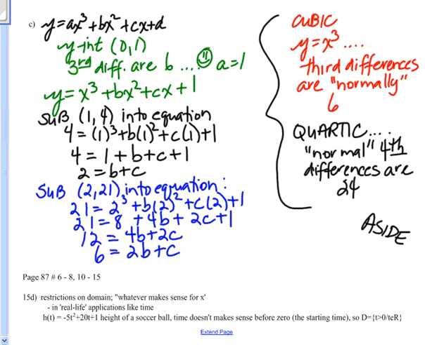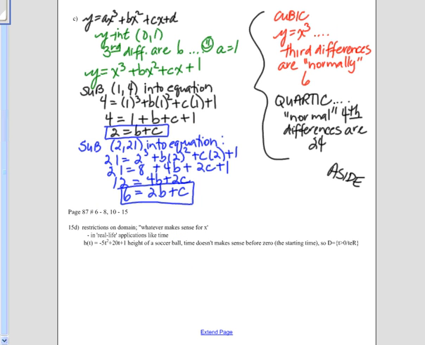So I have not a final answer that I want, but I do have 2 equations with 2 letters of the alphabet, 2 equations and 2 unknowns. We can solve that. I'm going to grab a little space down here at the bottom so that I can find values for b and c so that I have the equation for my cubic. 2 equals b plus c, and at the same time 6 equals 2b plus c.